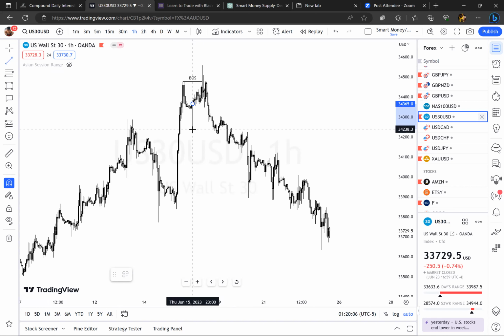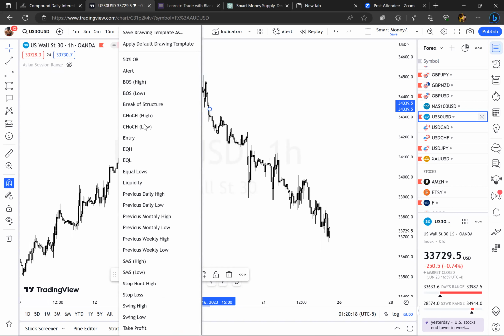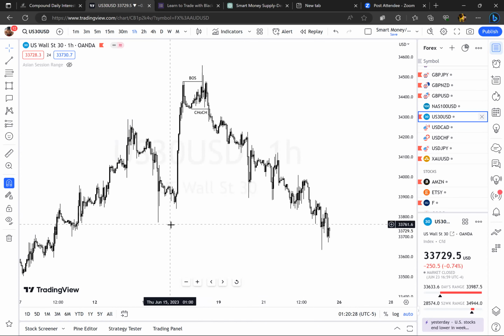Oops, in the wrong spot. Hold on. Change character there. So what else do we have? We broke structure, changed character, coming down. We got some little minor breaks of structure, and we have a big break of structure here or here.